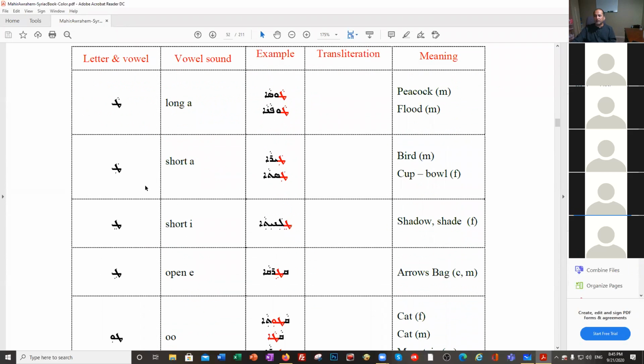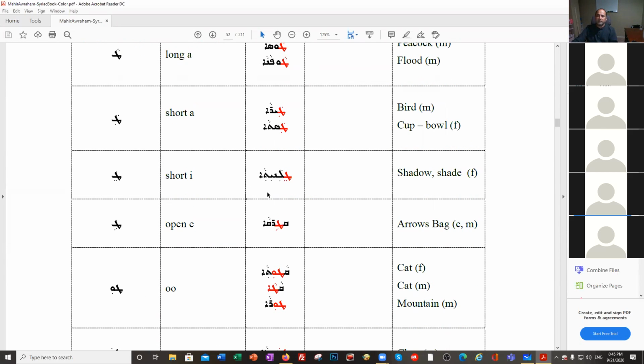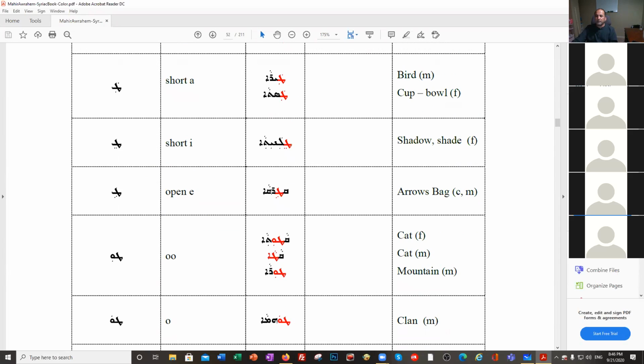With the ftaha, ta, taira, tasta. With the zlama shiqa, short I, tallanitha. With the open E, zlama qashya, ta, qatarqa.